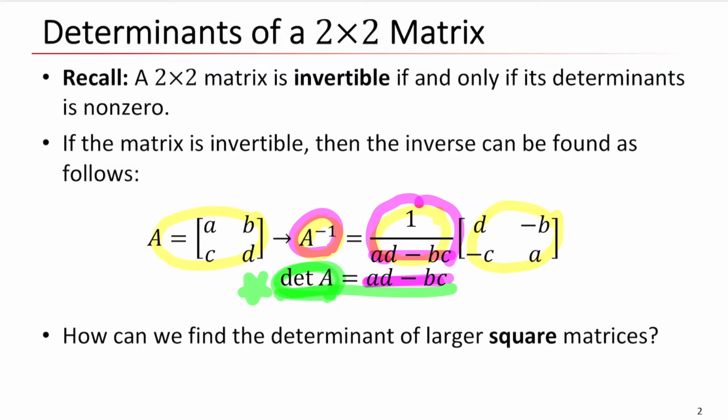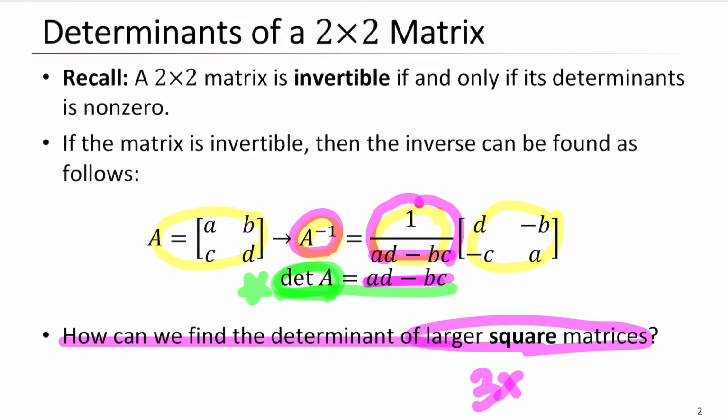Then the question is how we can find the determinant of a larger matrix, something like 3 by 3, 4 by 4, or 10,000 by 10,000. Today we will introduce the systematic way to find the determinant.